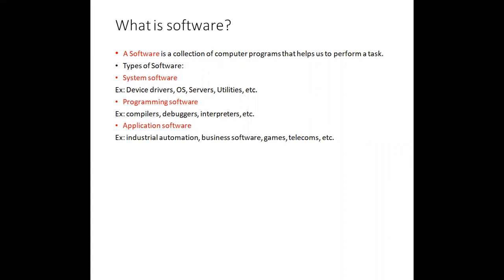So system software is standalone software where we can perform operations in a particular system. Programming software is where we write a program using a specific programming language, compile it, and debug it.